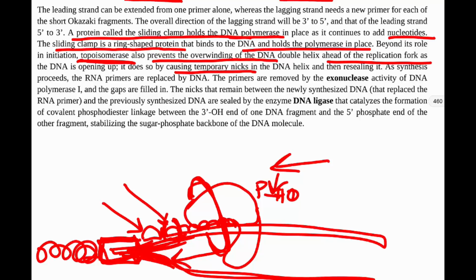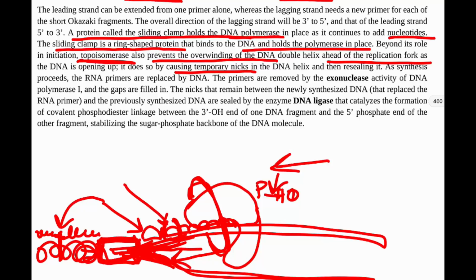It'll go up here and make a cut in the DNA, and then it will unwind all of this that is overwound, and then it'll attach it again so that it's not so wound up. And then it continues on to keep making things straighter or more opened up for our helicase to come in and unzip, and then all of the other proteins and enzymes to come in.